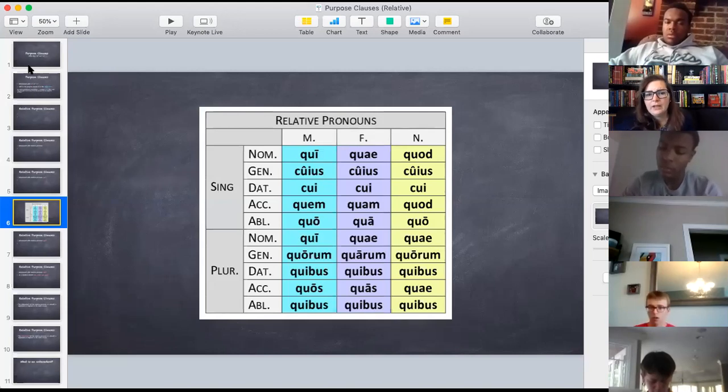So if I am saying the boy who is tall climbs the tree, the boy is the subject, so which relative pronoun would I be using? Qui.